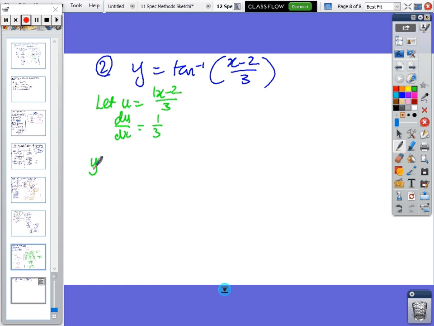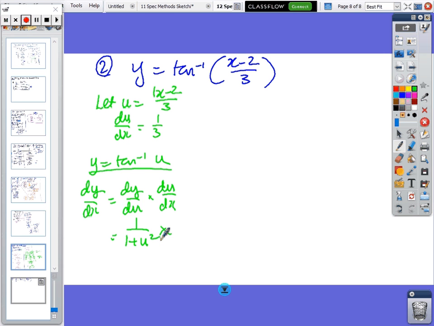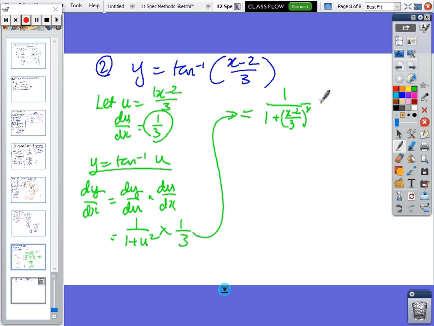So the function is tan minus 1 of u now, and dy/dx equals dy/du times du/dx, the chain rule. And so the function for that one is 1 over 1 plus u squared times du/dx, which is a third, and equals 1 over 1 plus ((x minus 2) over 3) squared, times a third.